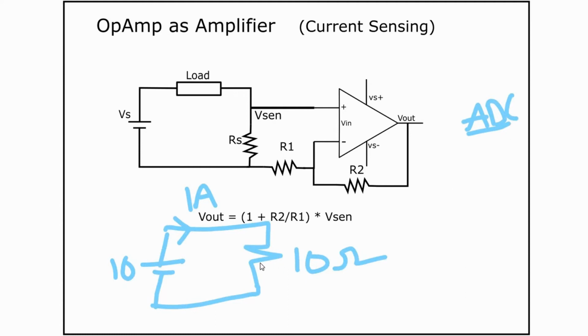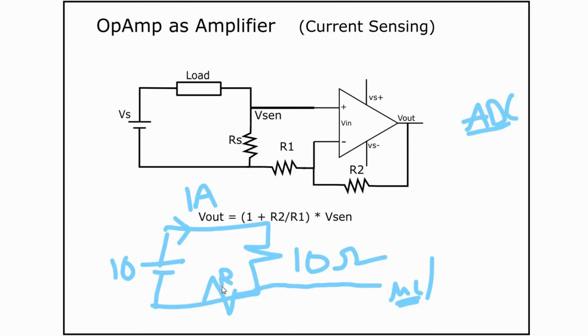So we'll have to somehow convert this current into voltage. The easiest way to do that is putting a series resistor in this path. Then you can take this voltage drop and give it to a microcontroller.